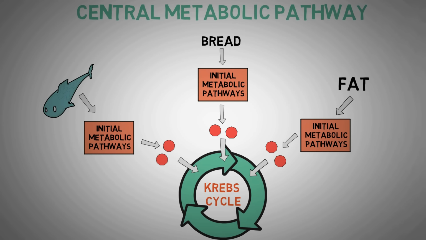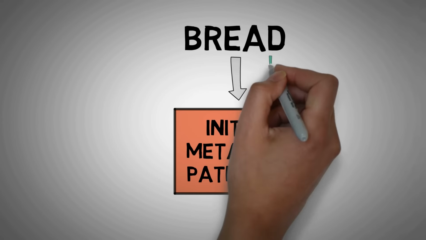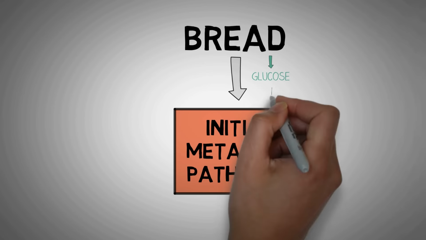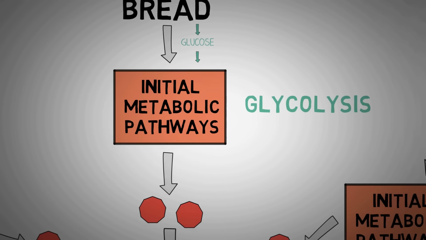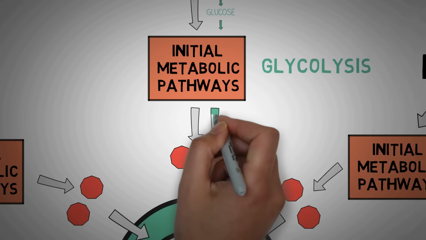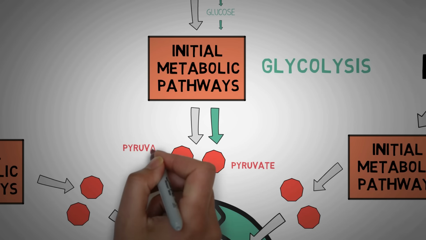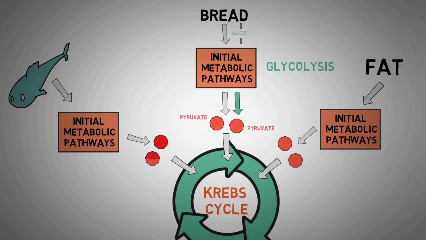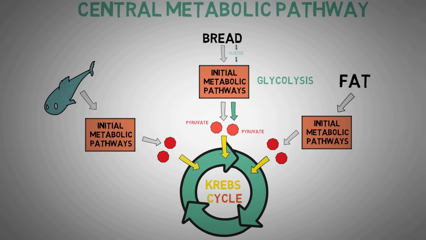If we take the example of carbohydrates, carbohydrates are digested into simple sugars like glucose, and the glucose is first processed by initial metabolic pathways like glycolysis. Glycolysis produces pyruvate, and similar products are produced by the initial metabolism of fats and proteins as well. The pyruvate is then fed into the central pathway, that is the Krebs cycle. So the Krebs cycle provides a central pathway that connects carbohydrate, fat, and protein metabolisms.